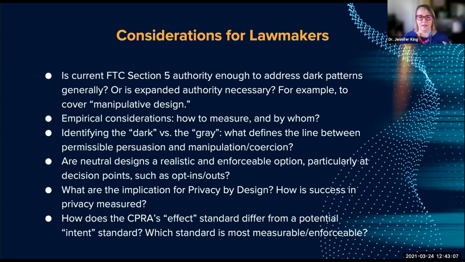As many of you may know, and as we discussed already, the FTC can act against unfairness and deception. And so the question, as I have seen it, is whether manipulation, coercion, those types of dark patterns, fall under the deception authority? Does it fall under unfairness, or do we need an additional prong in order for the FTC to reliably be able to go after dark patterns in this space?